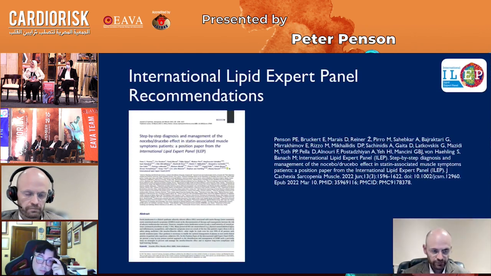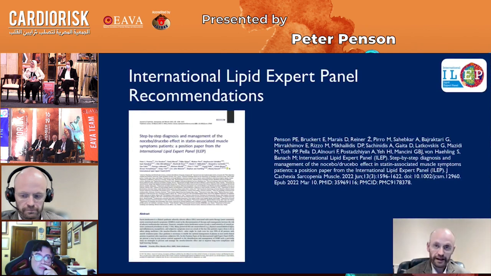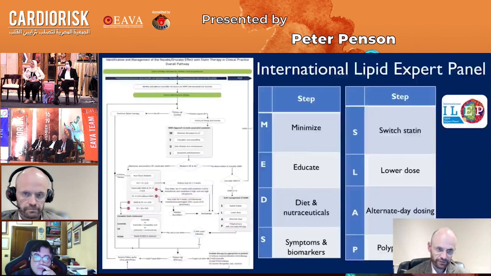This is in no way belittling the side effects, or the perceptions that patients have of their side effects, but it's about enabling optimizing of therapy in patients who suffer adverse effects.